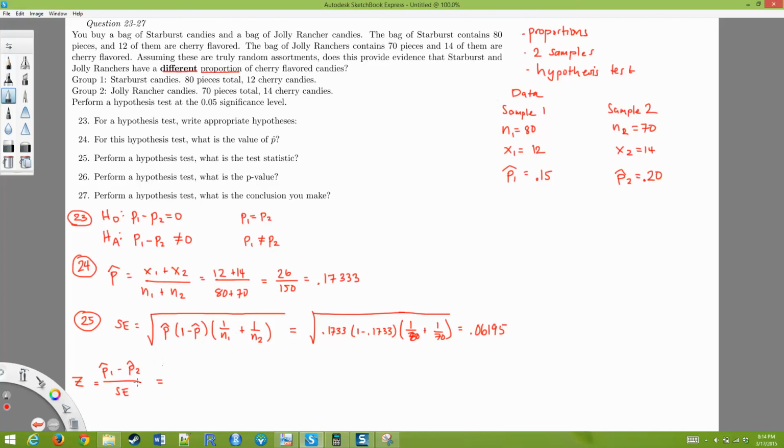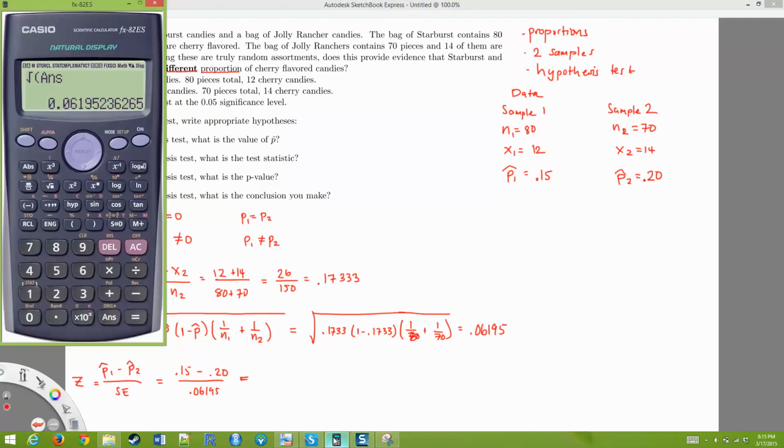Okay. So Z is P1 hat minus P2 hat over the standard error. P1 hat we found was 0.15, minus P2 hat, which is 0.20, divided by the standard error, 0.06195. I put this into the calculator: parentheses, 0.15 minus 0.2, divided by the answer key.